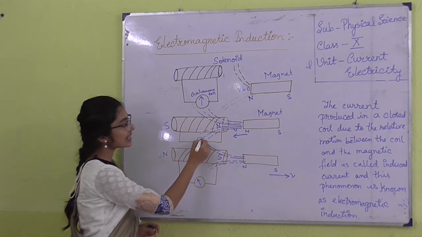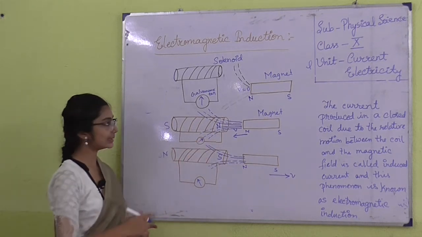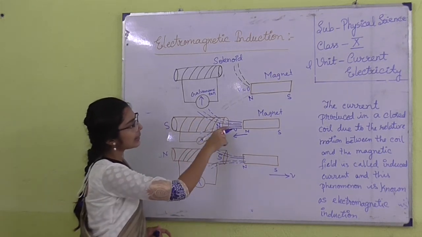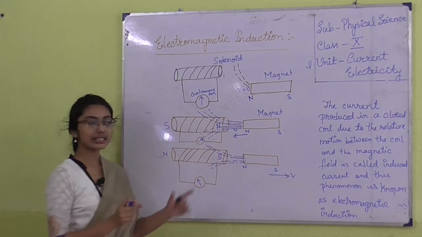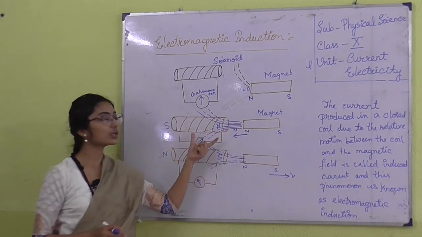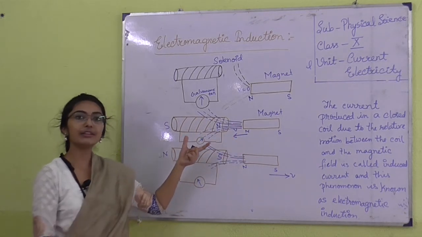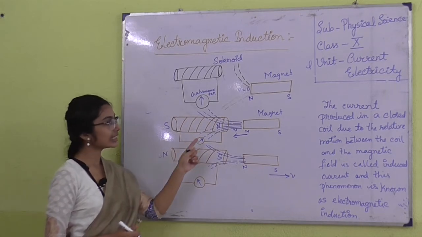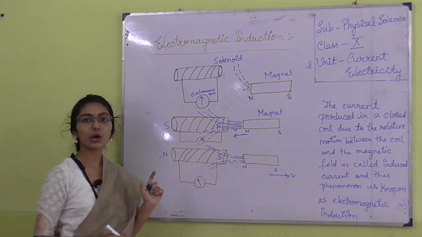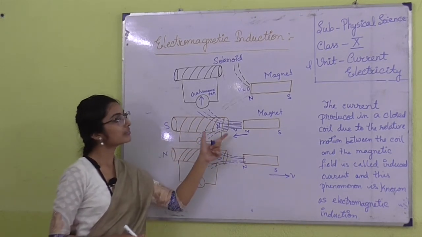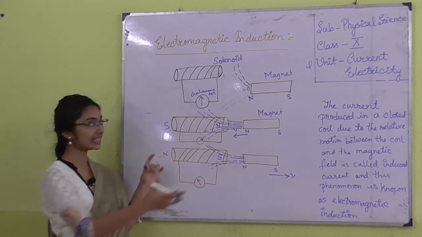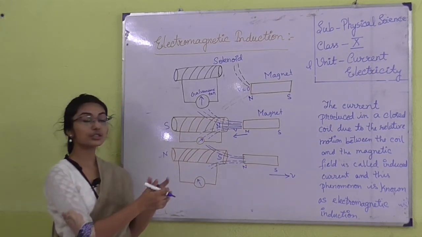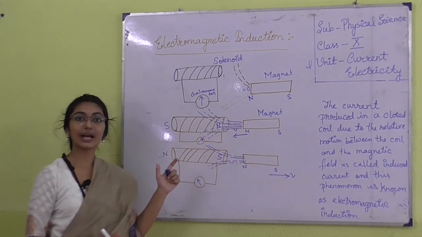So the current is passing through this side, and the solenoid also starts behaving like a magnet, and a north pole is generated. Why is the pole north here? It should be south. If this is a magnet and this is also a magnet, there must be attraction, so it should be south, but here it is north. Why?